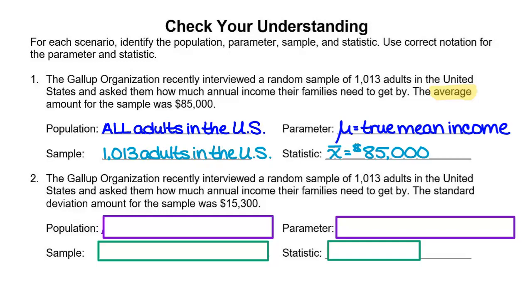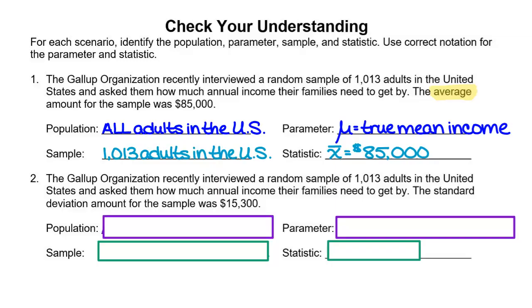And I would go ahead and put the dollar symbol with that too. Anytime we can include units, we want to include units. Number 2, the parameter is mu equals true mean income.